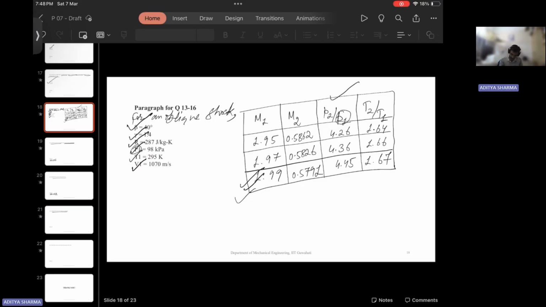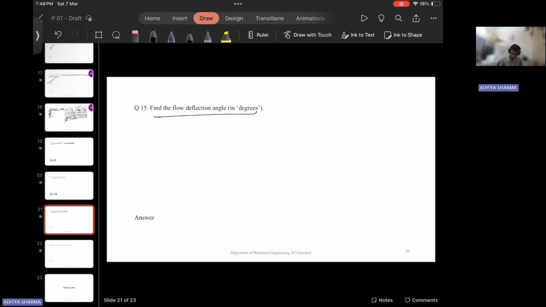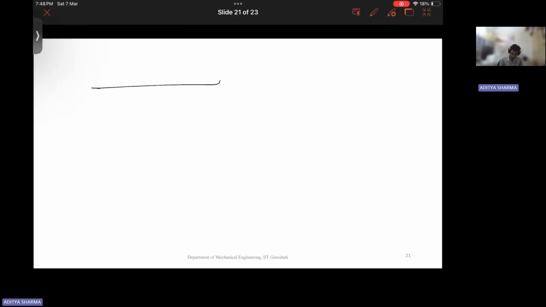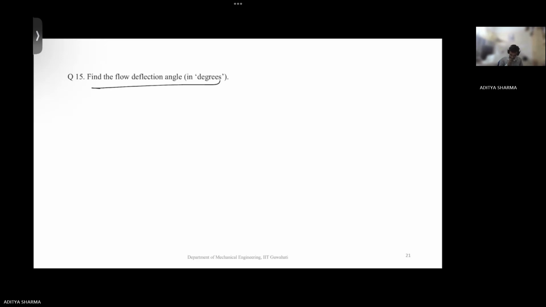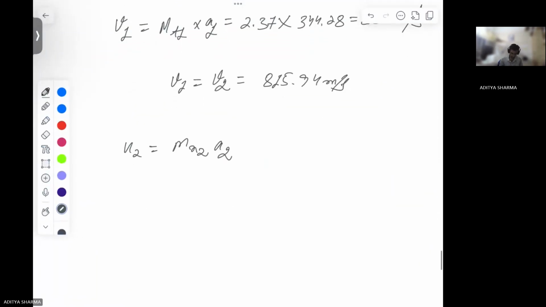Again from this table, you see this is 0.57. So this is 0.57 into A2.